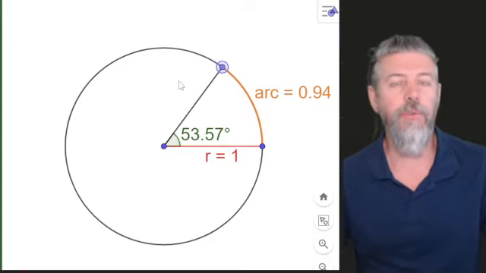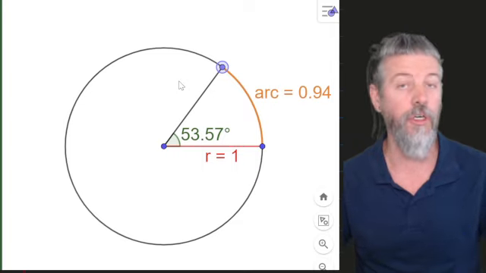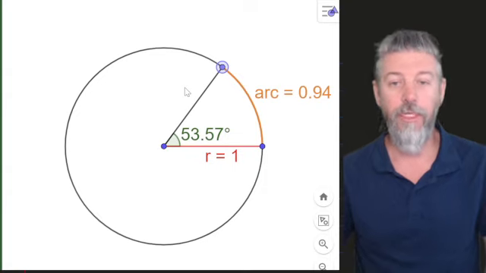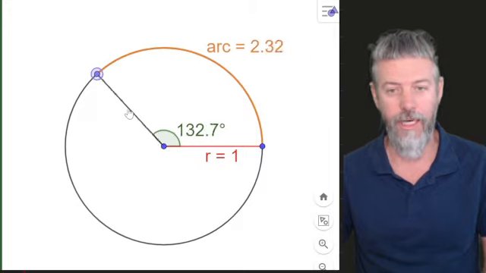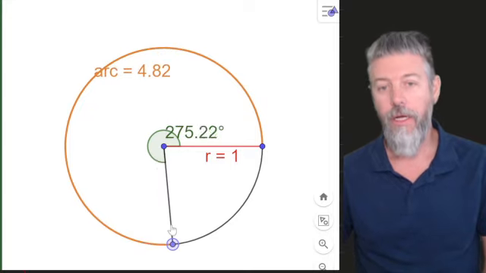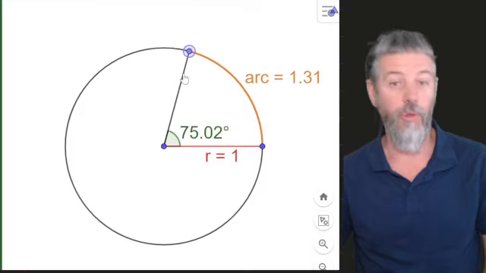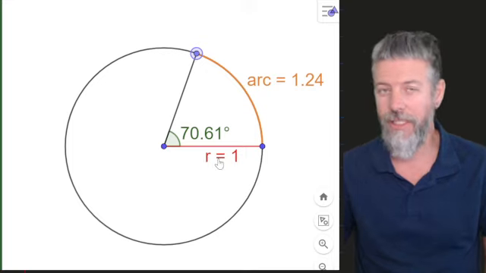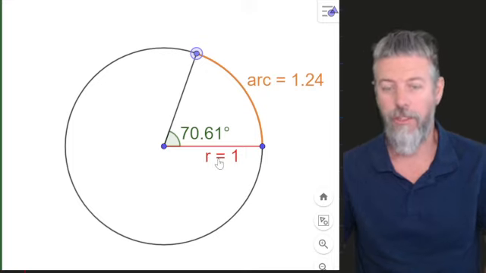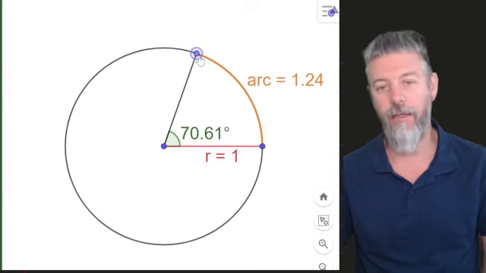So the question is well, how can it be inherent in the circle? What can we use in the circle to try and define something? Well, let's look at the circle. We've got a radius, and then what we do when we make an angle in the circle is we actually create an arc length. And so the idea for defining what a radian is, is that if you take whatever radius you've got, I'm just setting it as a unit circle at the moment, easiest to work with, and we then span out an arc of that radius.